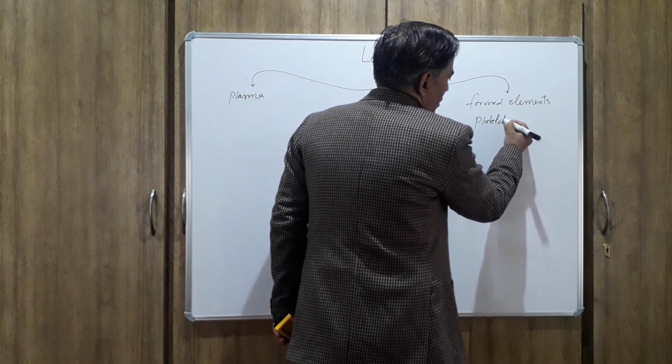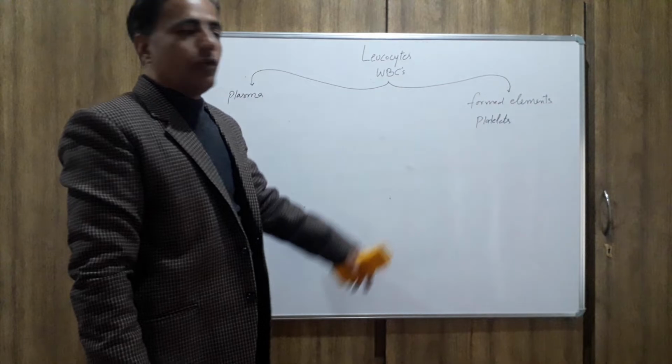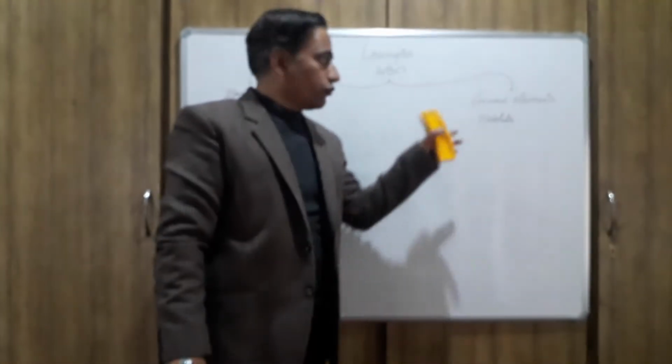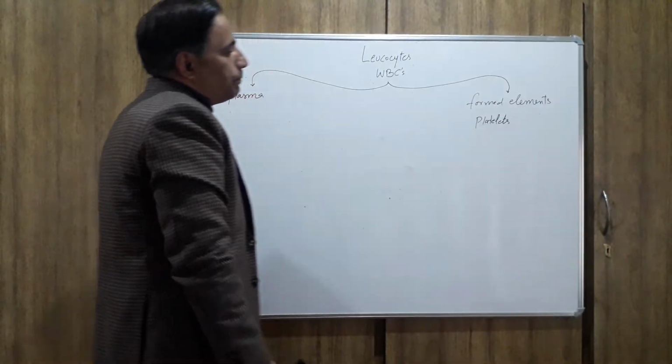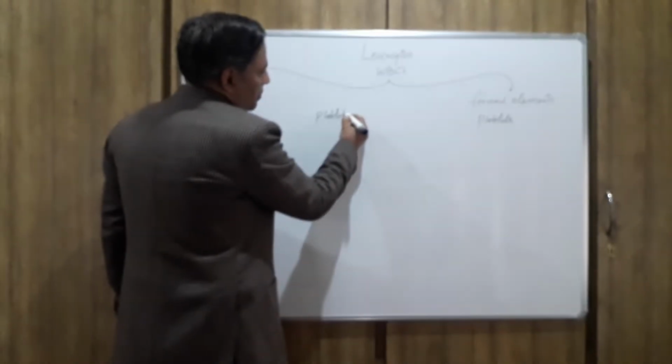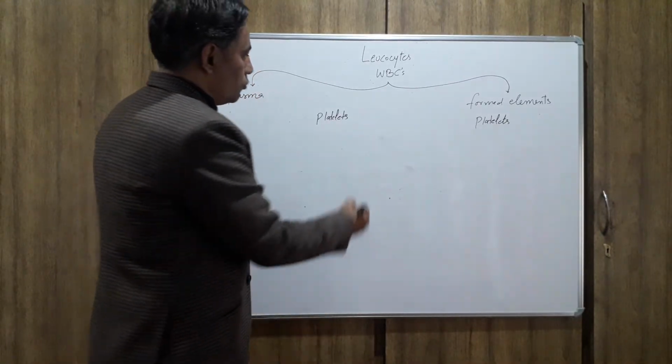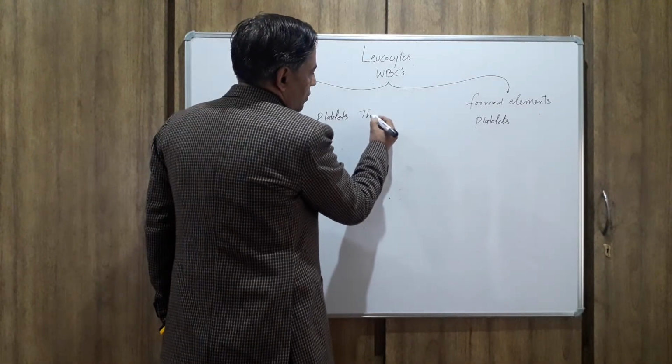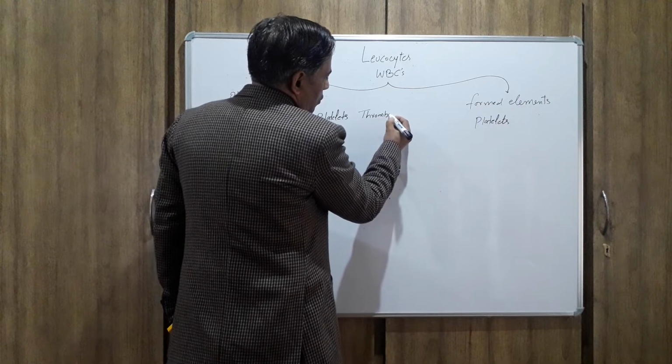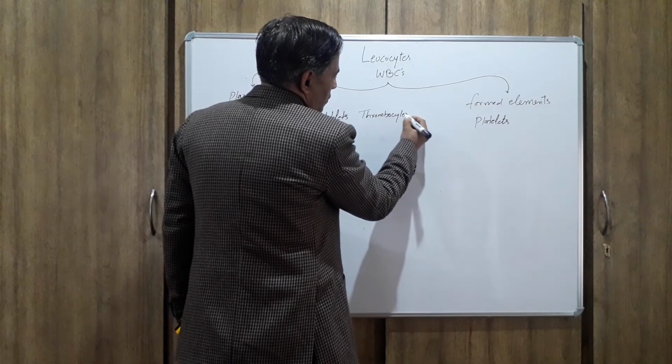Number third type of cells are the platelets. Platelets are a portion of the formed elements. Platelets are also called thrombocytes.